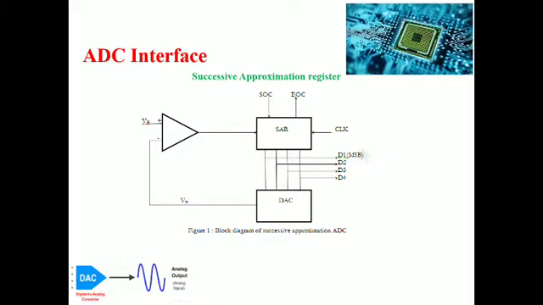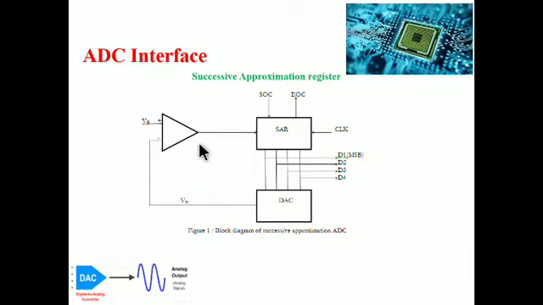Here we have a SAR register, one DAC and one comparator. The conversion process is initiated by the start of conversion. Once the start of conversion is enabled, the SAR register is enabled and sets the data. The D/A converter converts the corresponding digital value to an analog value, which is sent to the comparator, where it is compared with the given analog signal.